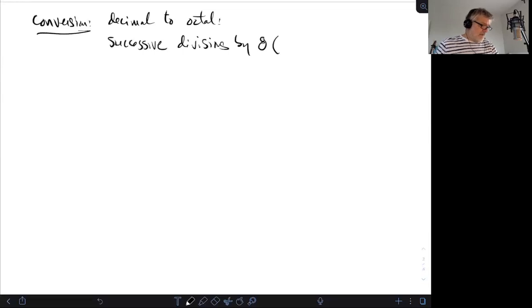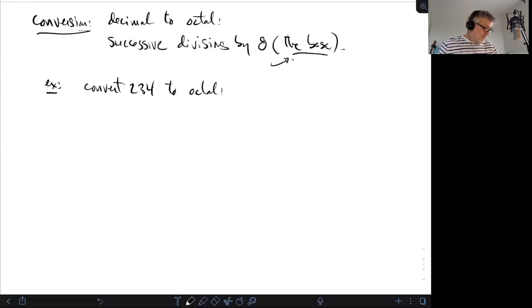The base, right? So for any base, this is the trick. This is always the same thing, okay? So here is a simple example, just to illustrate. Let's say that I'm asked to convert 234 to octal.